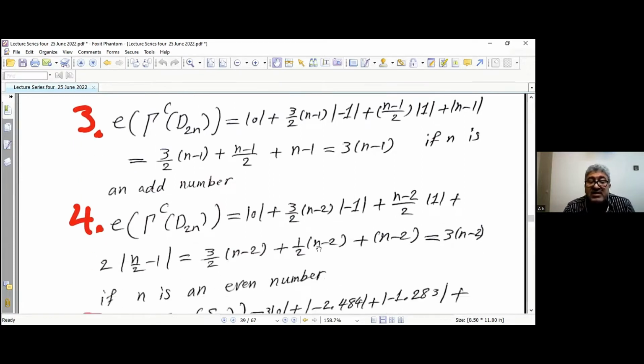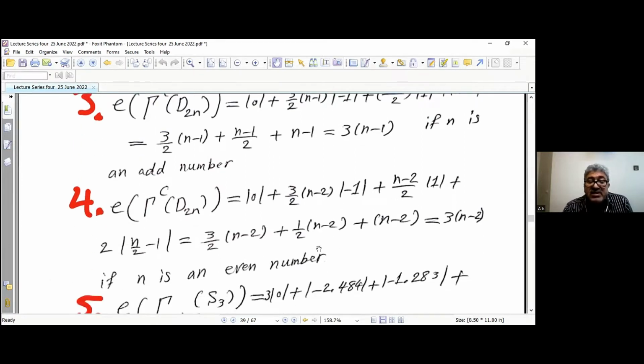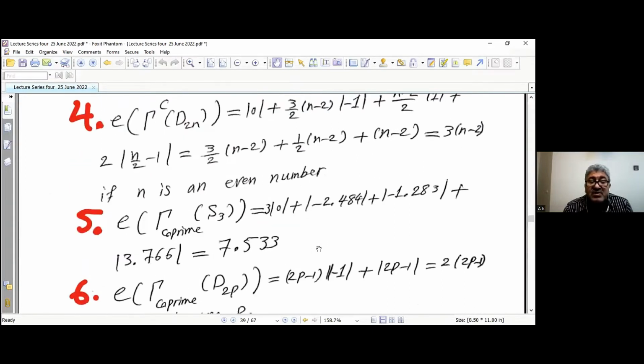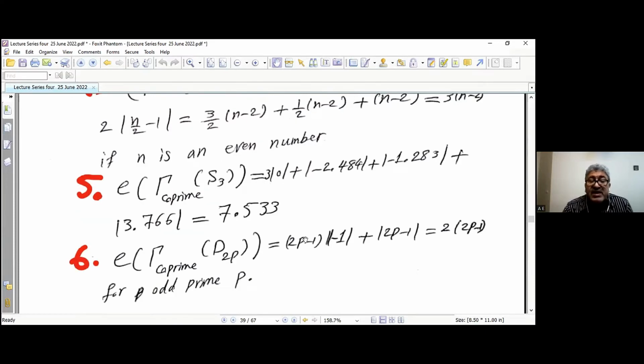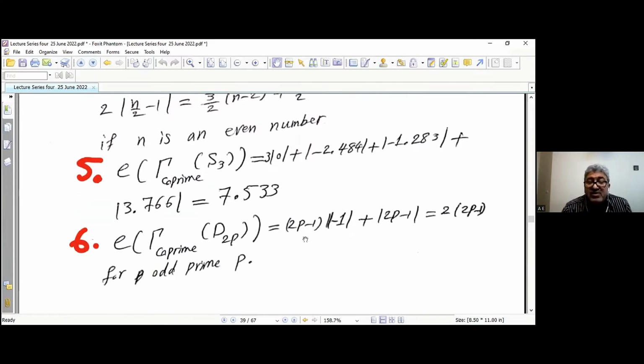And here is, again, the energy for the conjugate graph of the dihedral group of order 2n for n even. Now, number 5 is the energy for the coprime graph of S3, which is 7.533. And the energy for the coprime graph of the dihedral group of order 2p, for p an odd prime number.